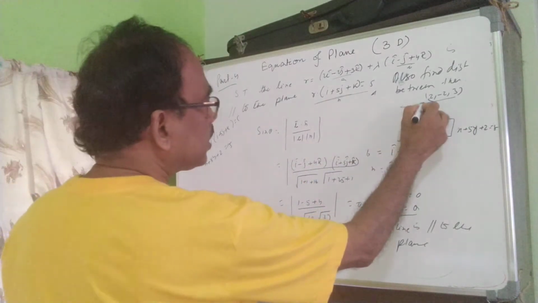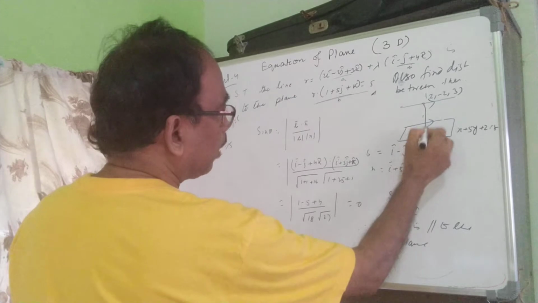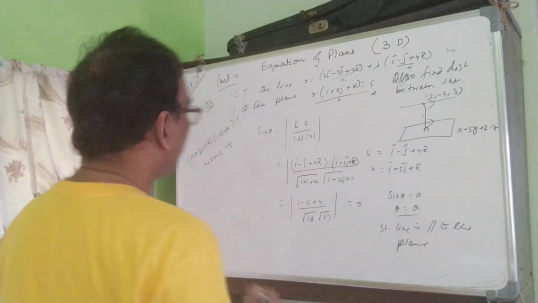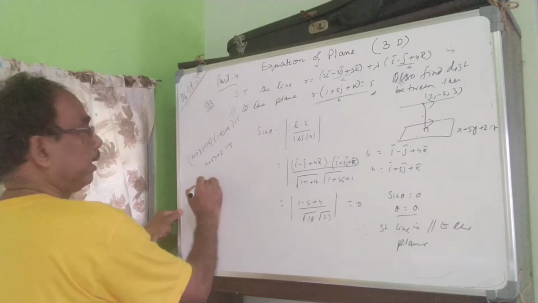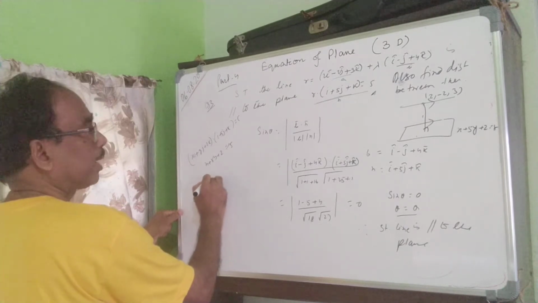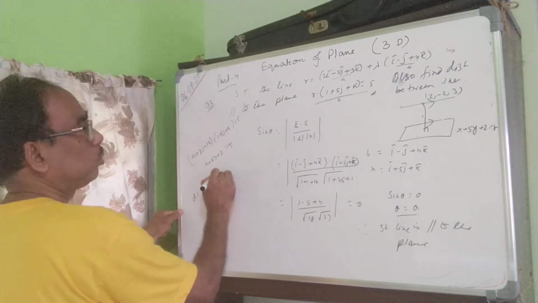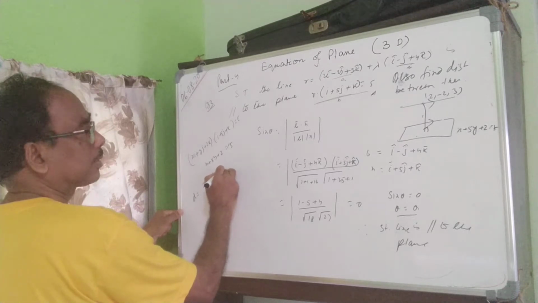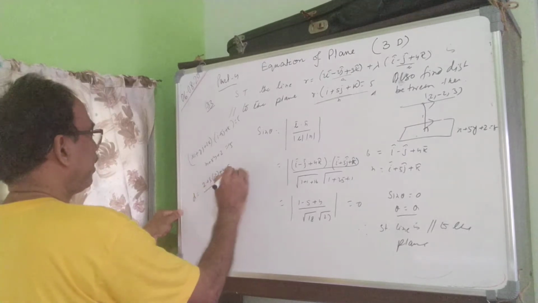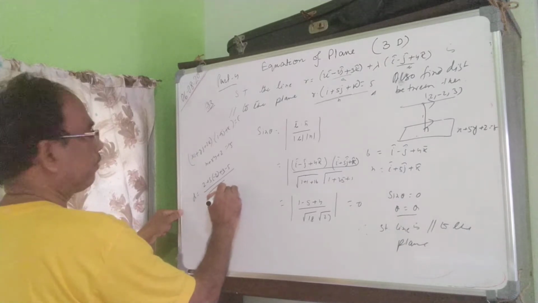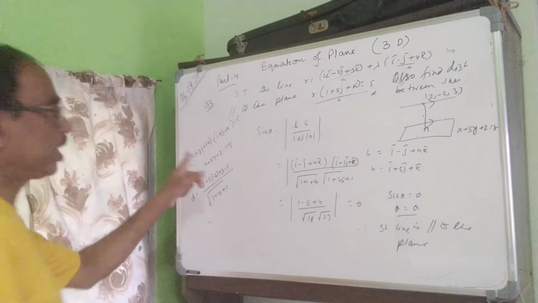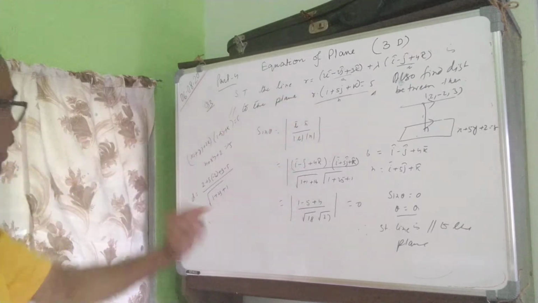From this point, the perpendicular distance is the distance between the straight line and the plane. The perpendicular distance equals (2 plus 5 times minus 2 plus 3 minus 5) over root of 1 plus 25 plus 1. We know the distance formula from a point to a plane.